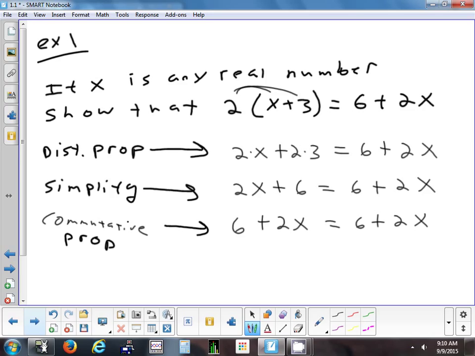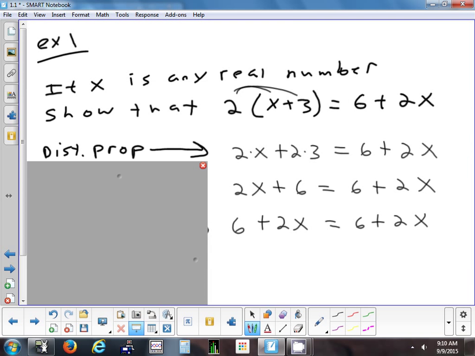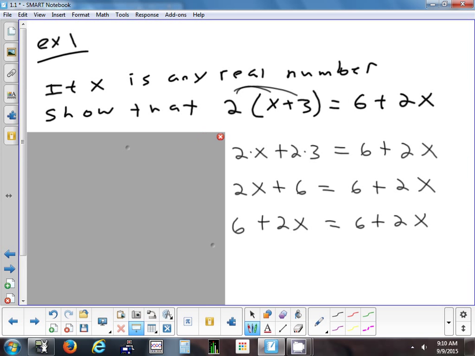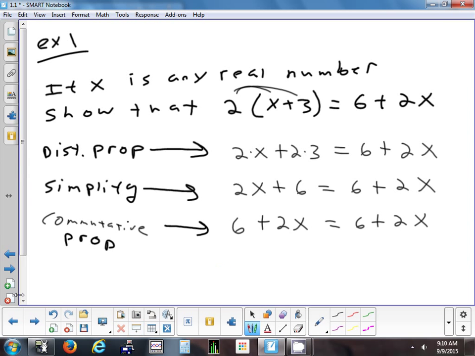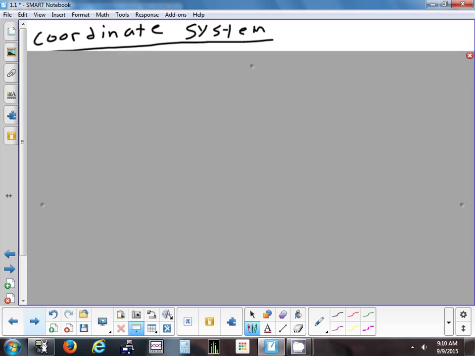So everyone would be okay if I gave you a problem like that on the test and said just identify the properties? Okay? All right. All right, that's it for that example. Okay, simple, quick example.